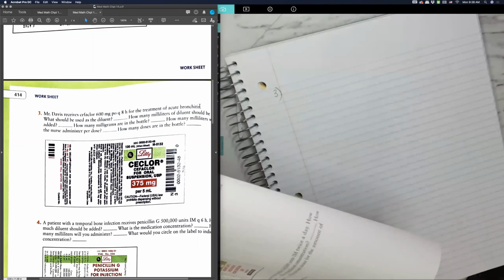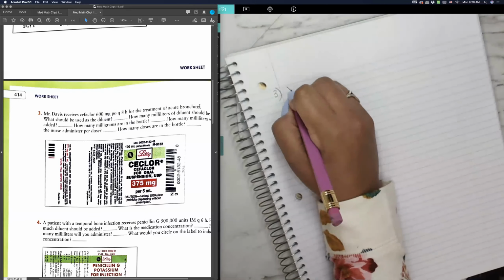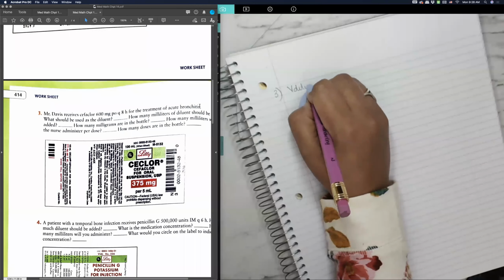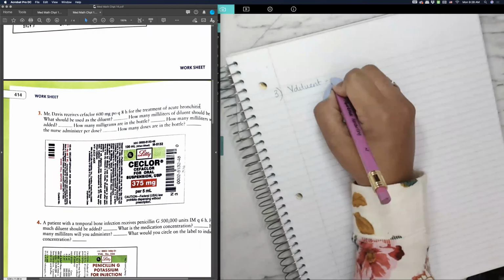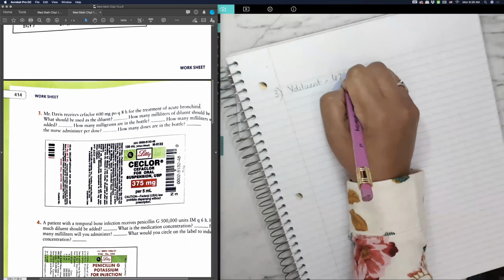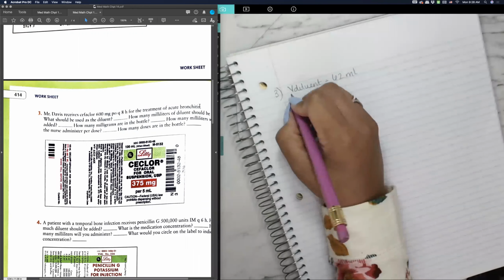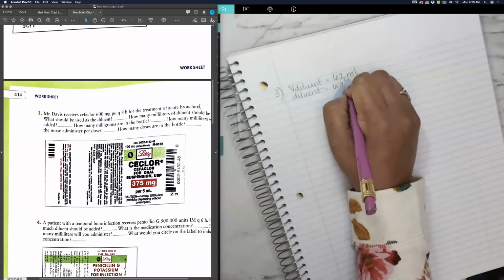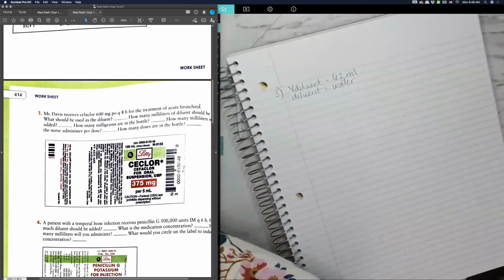Okay, directions for mixing. Add 62, so the diluent volume is 62 milliliters of water. So the diluent is water, in 2 portions to the dry mixture in the bottle. Shake well after each addition.